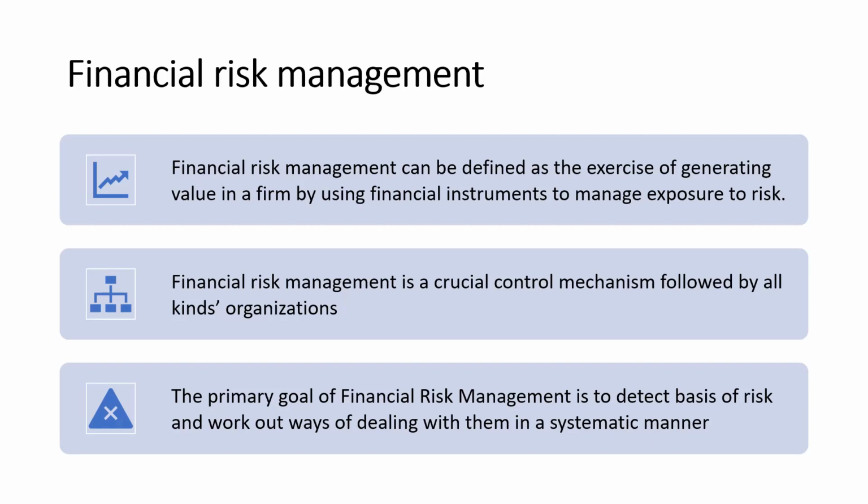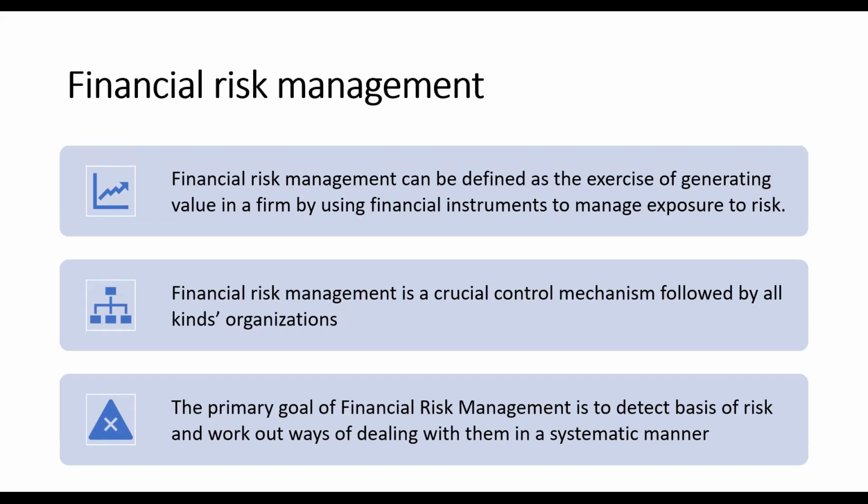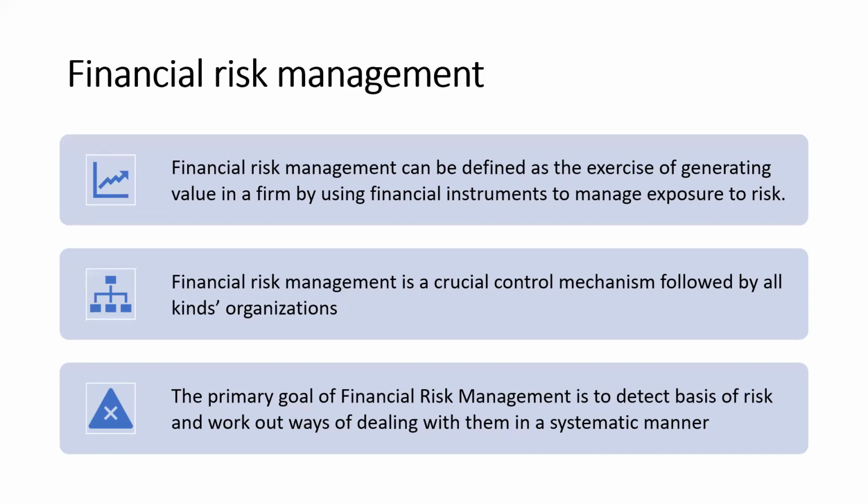It is not only investors, even the financial institutions, the banking industry, and the different number of investors also adopt financial risk management. So what will be their goal? Their primary goal of financial risk management is to detect the basis of risk and work out the ways of dealing with them in a systematic manner.